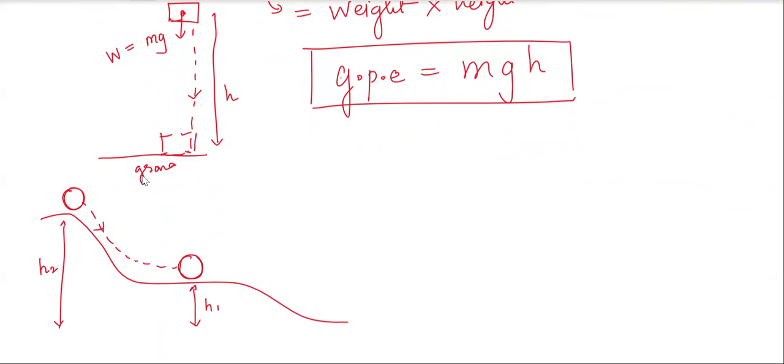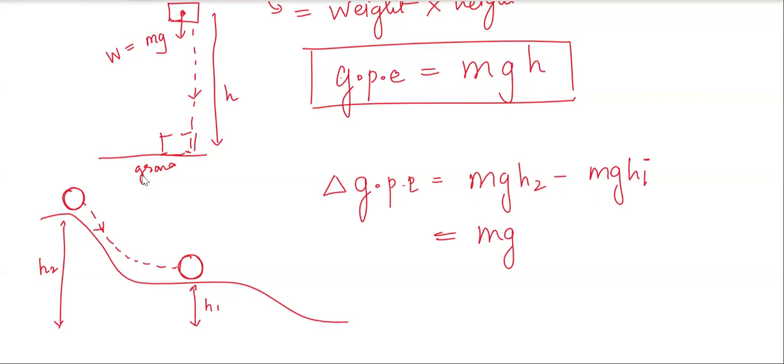So what will be the change in gravitational potential energy? The change will be mg h2 minus mg h1, and that will give me mg times (h2 minus h1), that is mg delta h.